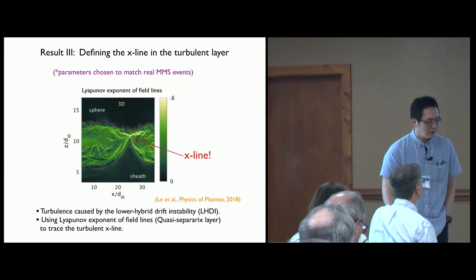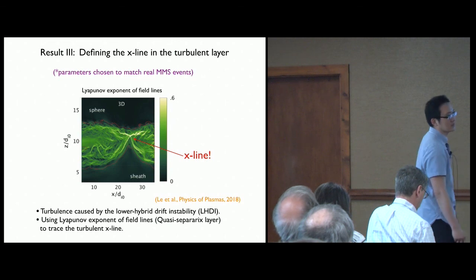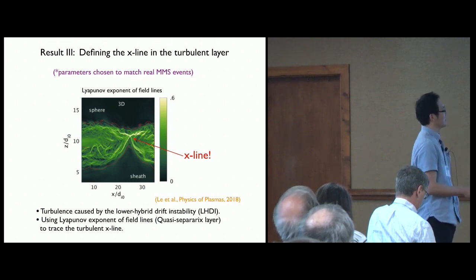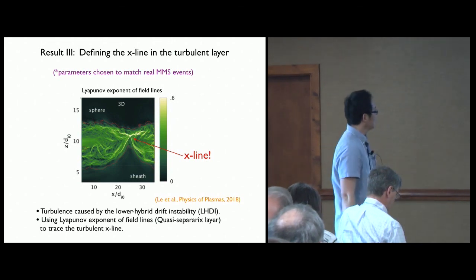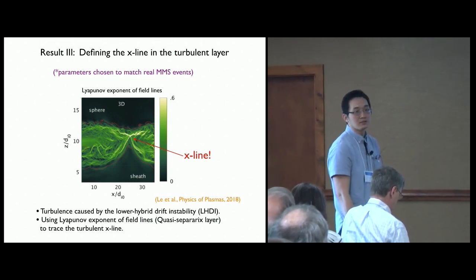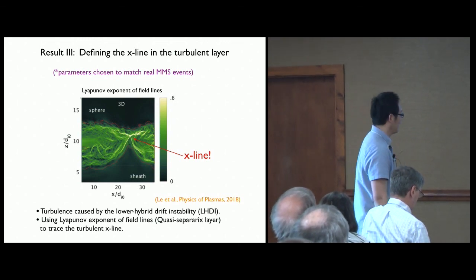Okay, so the third result is that actually in some cases the reconnection is really turbulent. For example, is this determined by lower hybrid drift instability? And in this situation, the X-line definition will be hard. Okay, it's hard to really find what the X-line is.